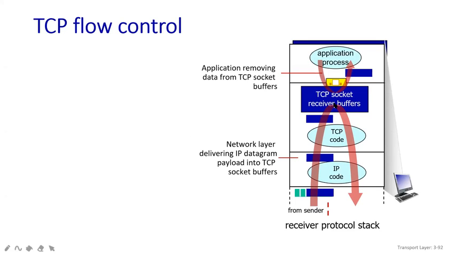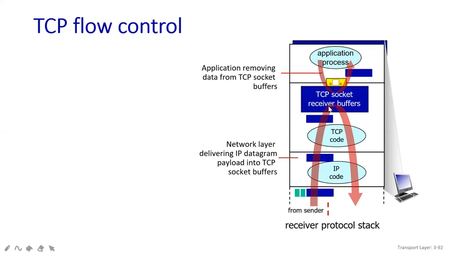And how is it going to get connected with your application process? What is the job of your application process? In this process it will just remove the data from the TCP socket buffers. Why does it do this? Because whenever the sender crosses this layer and reaches the network layer, it will deliver all the datagrams, which are written in your IP code.